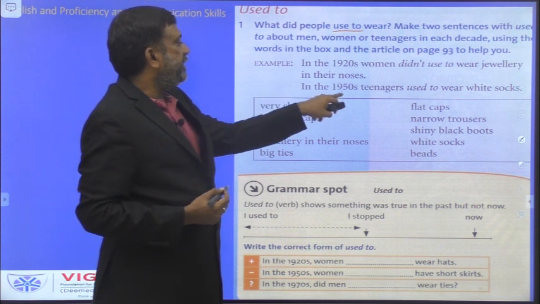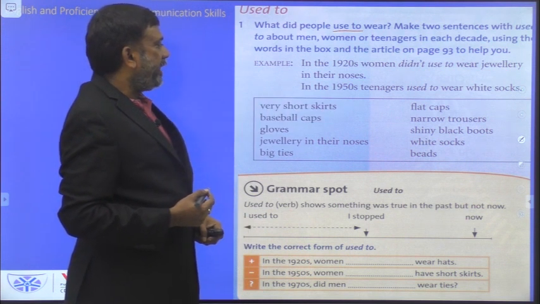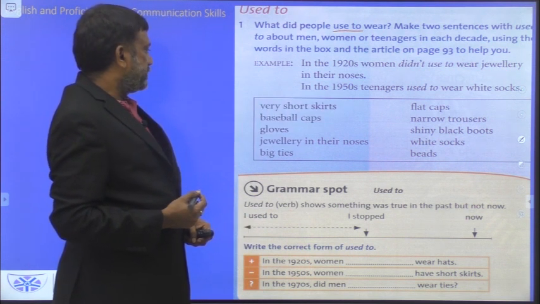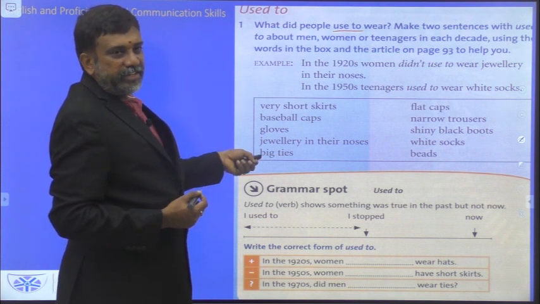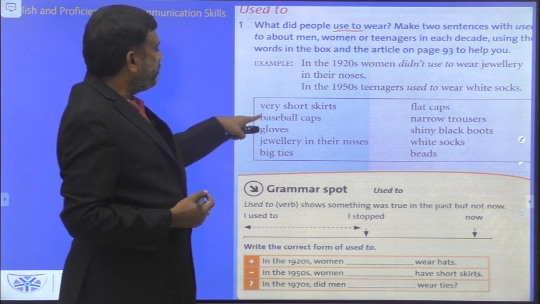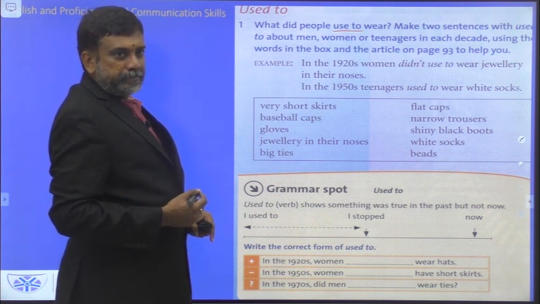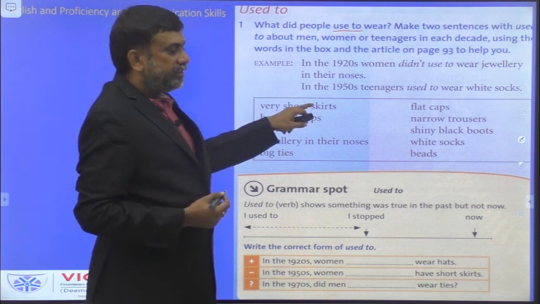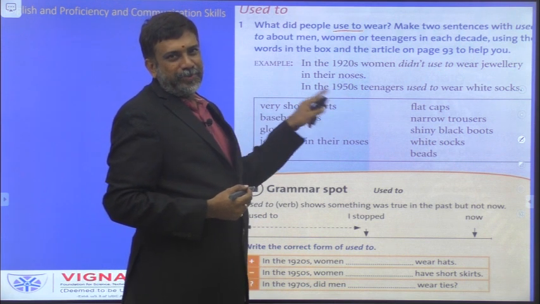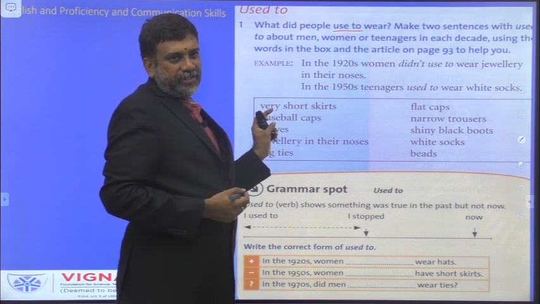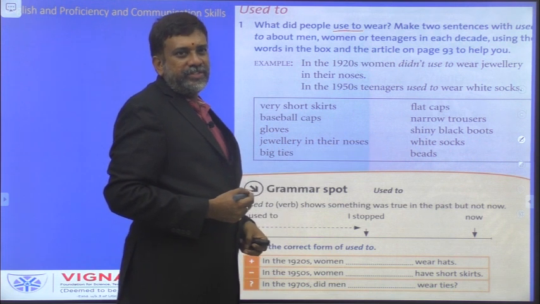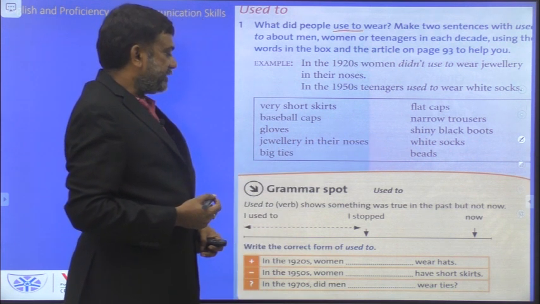In the 1950s, teenagers used to wear white socks. So, like that, can you frame one or two sentences here? You write using the textbook.